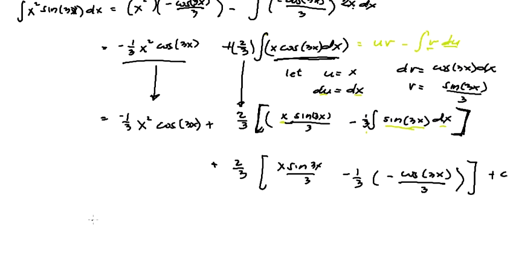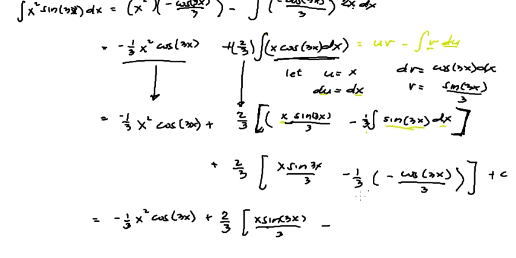All in all, when we simplify this, we have negative 1 over 3 x squared cosine of 3x plus 2 over 3 multiplied by x sine of 3x all over 3, minus times negative gives positive 1/3 times 1/3, so we have 1 over 9 cosine 3x, plus c.